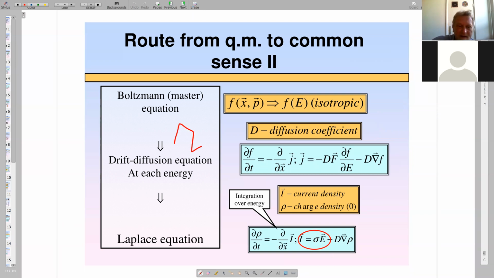Okay, let me sketch an electron trajectory. It goes, it scatters. That distance is the mean free path. It depends on impurity concentration. And let us concentrate on the space scales which are bigger.